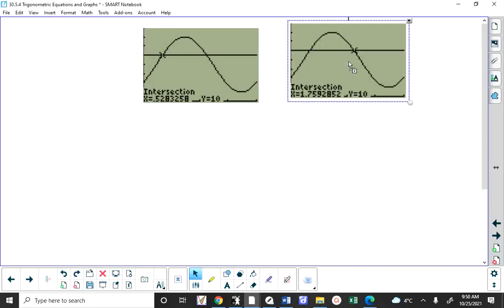So we have these two intersection points. Now, because I've said solve this over all real numbers, these are not all of the solutions. But I've told you that we're going to solve this over one period. So what this thing looks like, 0.528.